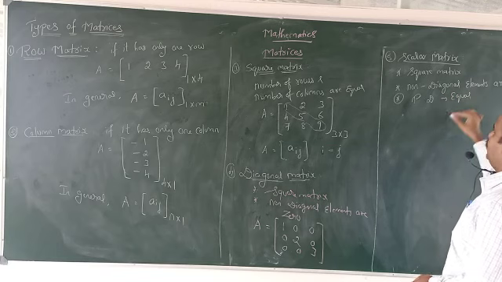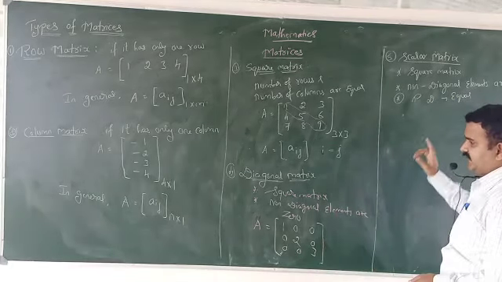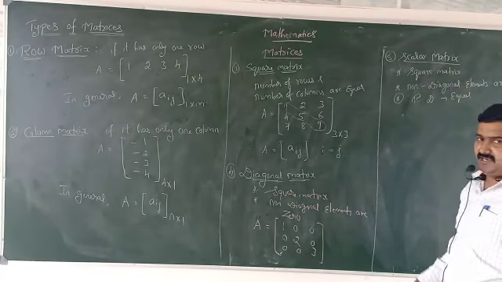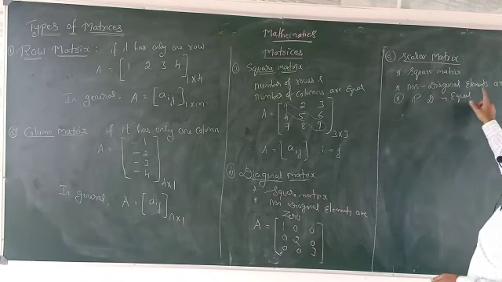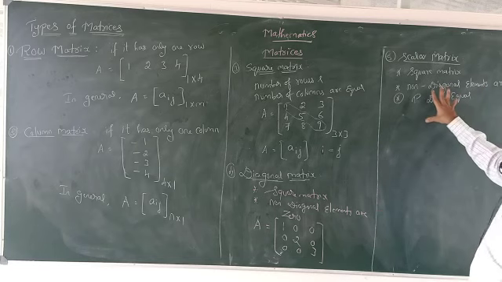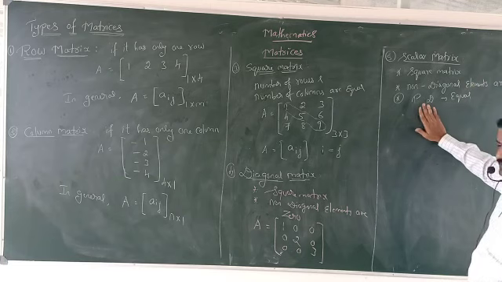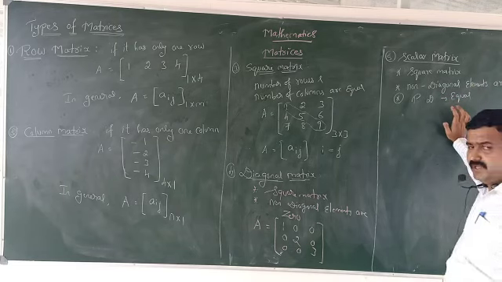The scalar matrix should satisfy these three conditions. One, it should be a square matrix. Another, the non-diagonal elements are zeros, meaning except the principal diagonal elements, other elements are zeros. And the principal diagonal elements should be equal.